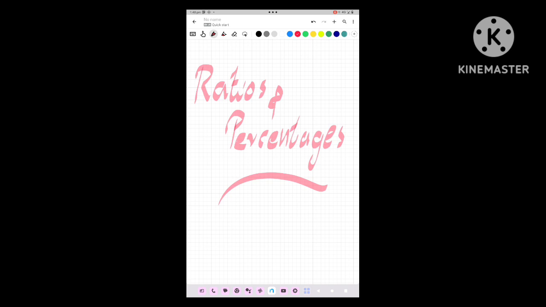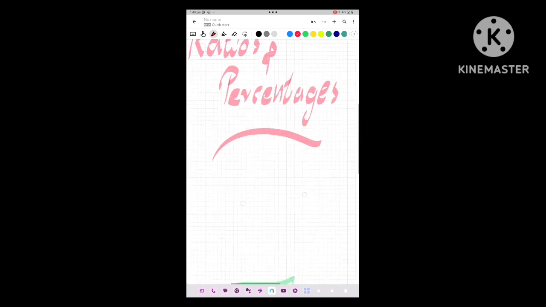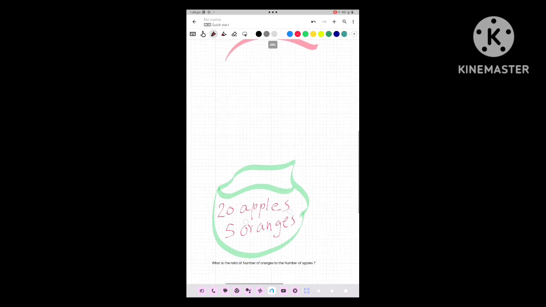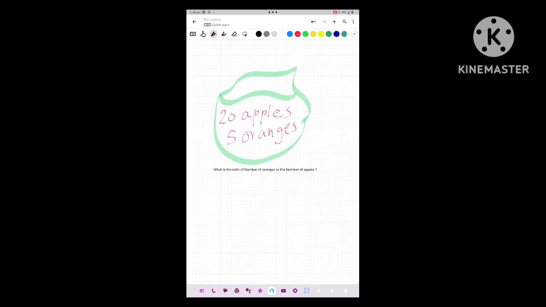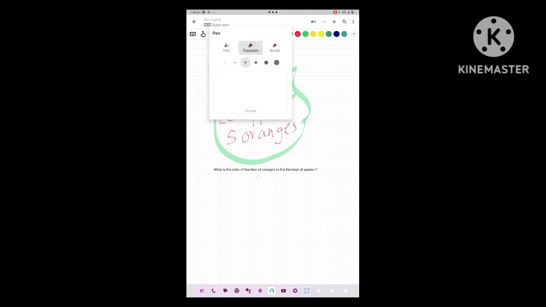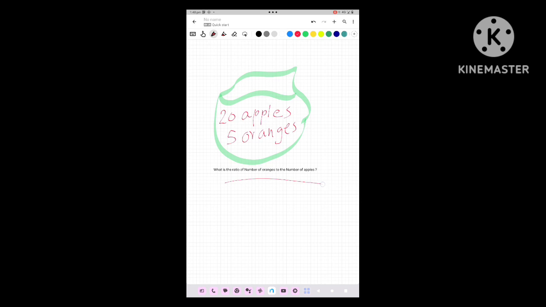First of all, ratios. Ratios means comparing two quantities. See here, in a basket there are 20 apples and 5 oranges. Can we find out the ratio of the number of oranges to the number of apples? Actually, the comparison can be done by using a fraction. So here it is asked, number of oranges to the number of apples.